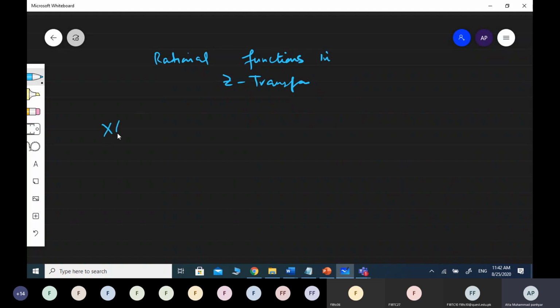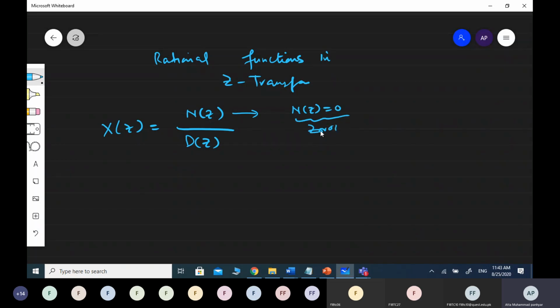A rational function of z transform must be something like this. It must have a numerator of z over a denominator of z.